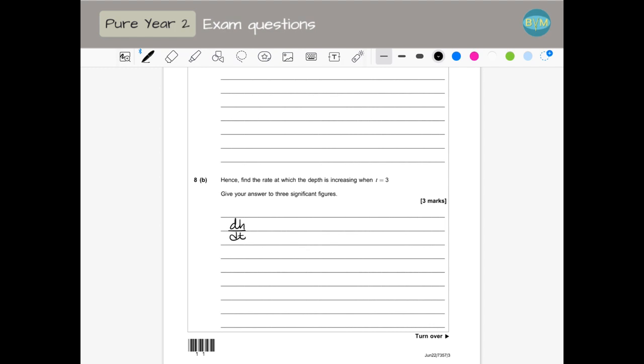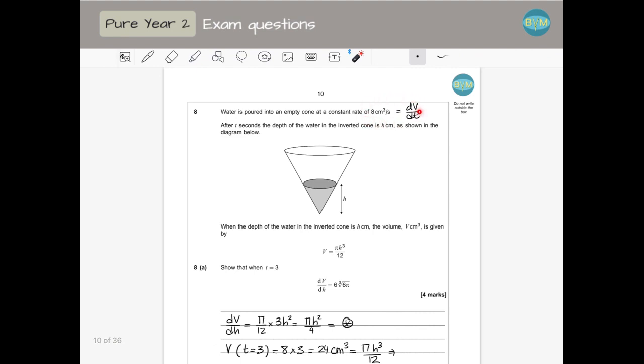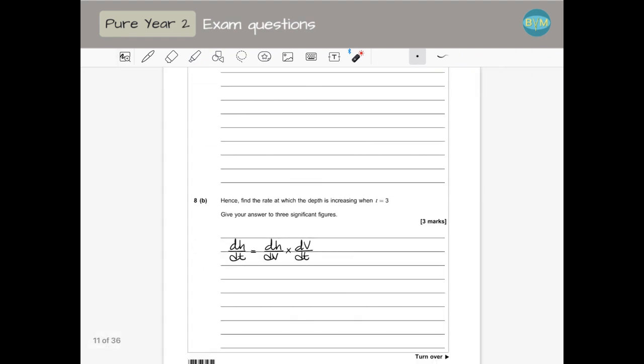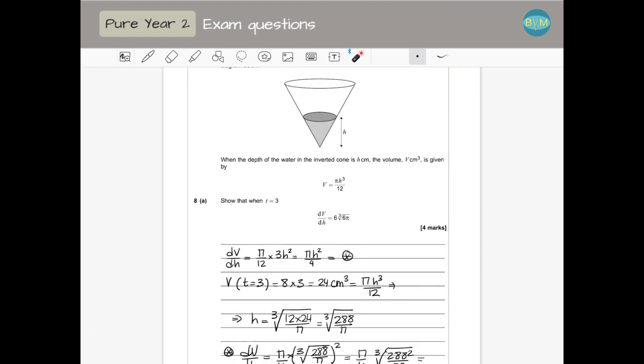So what I can use is the chain rule and say that this is dh by dV times dV by dt. dV by dt, the second one, is given, is 8, and is constant all the time. So I know this one. And dh by dV is the reciprocal of dV by dh.